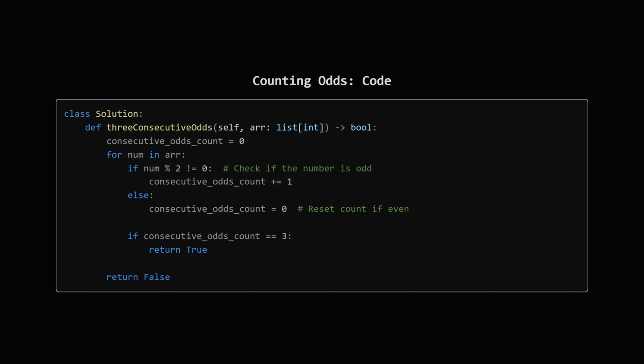After we've updated the count, we check, has it reached 3? If it has, we immediately return true. If we get through the whole list, and our count never hit 3, we return false.